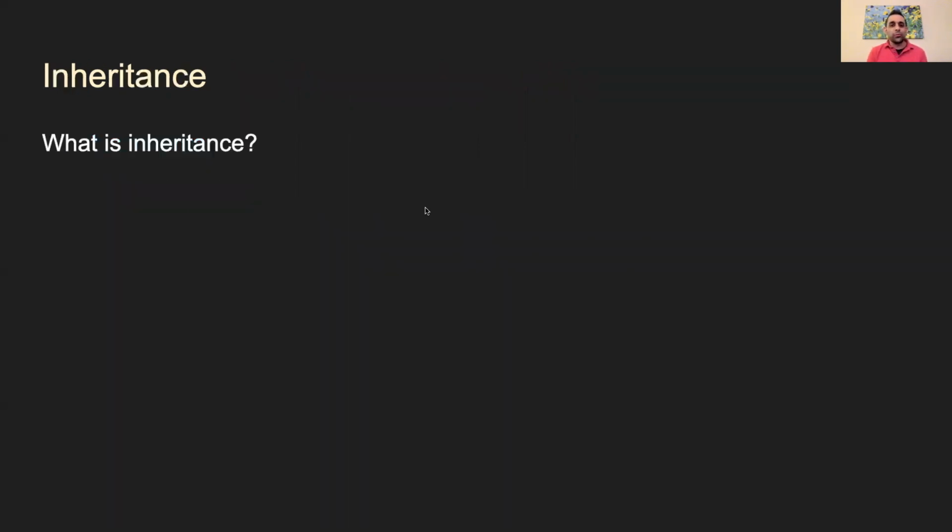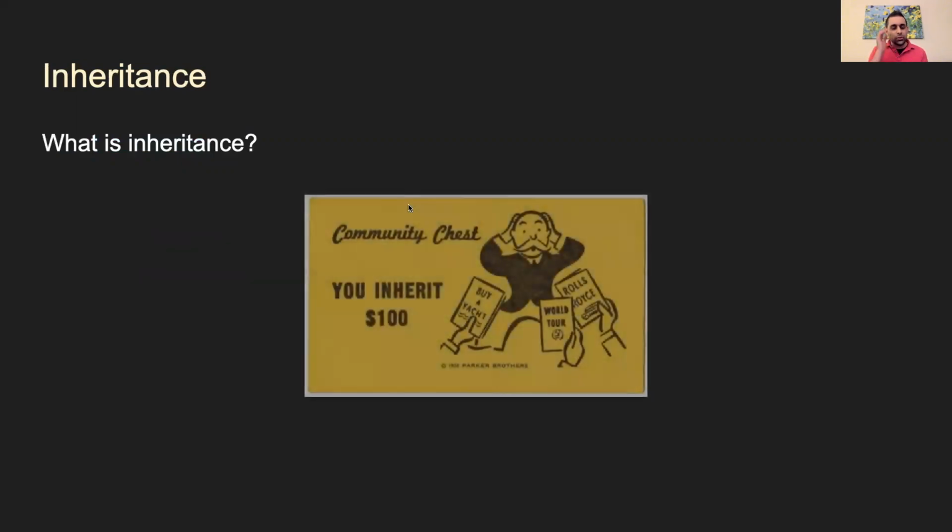Now, the first question you guys might have is, what is inheritance? Luckily, I think most of us have a good general understanding of what inheritance is in our real world or daily lives. We can think of it as something that we get from our parents or grandparents, whether it be money that we inherit or family heirlooms that are passed down from generation to generation.